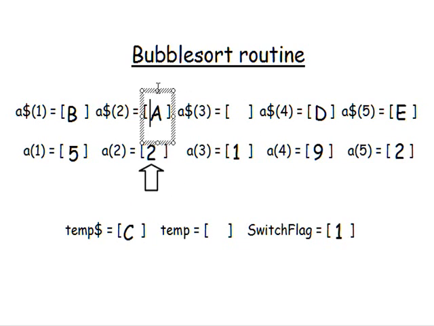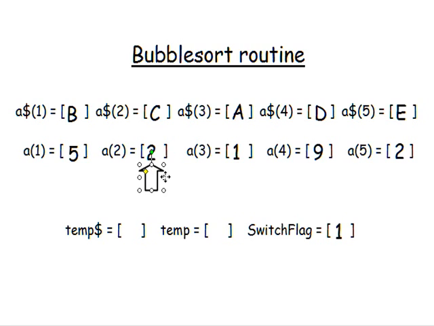I'm going to move the A where the C was, and then bring the C back in here. Notice how, by repeating the switch above, if we do a switch here, we have to do a switch here. We're keeping the letters with their corresponding frequency counts. So we've done that. Because we've done a switch, I need to set the switch flag to 1. The fact that it's already at 1 is neither here nor there. I still need to set it to 1.